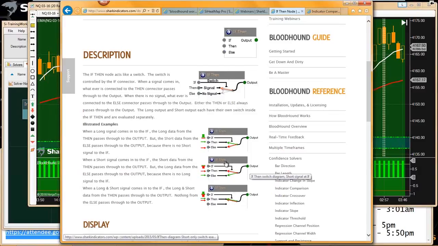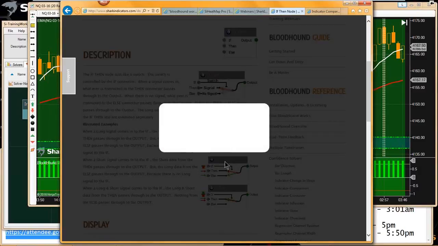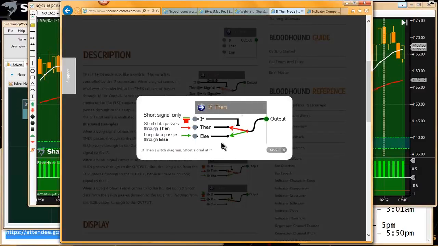Let's take a look at another combination. This is the opposite situation. Let's say a short signal comes into the if. Then short signals connected to then pass through to the output, whereas long signals are going to be coming from the else, passing through to the output.